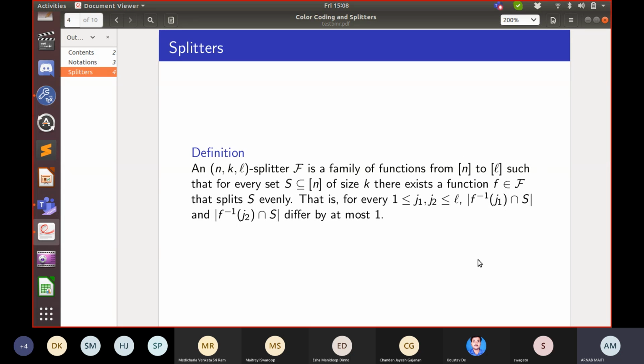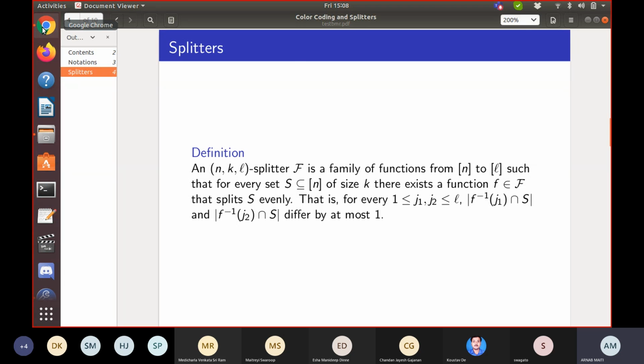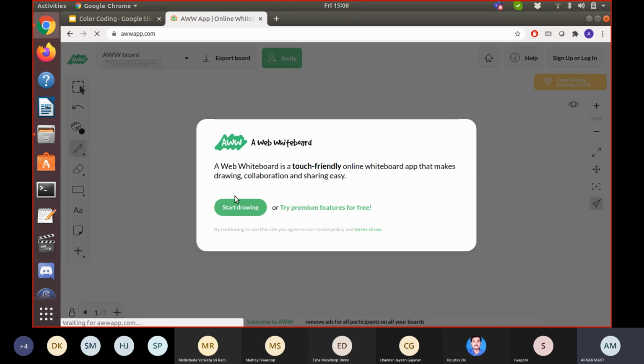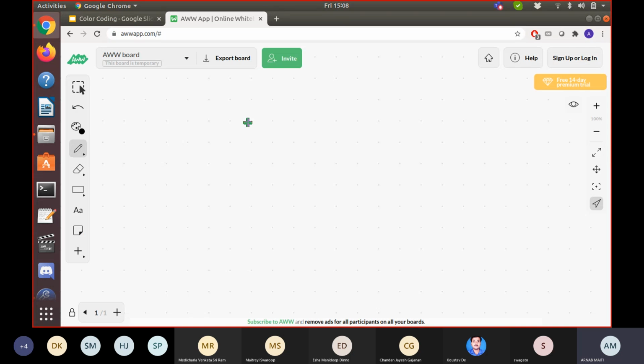You count for each number how many elements of S are attached. Let me use an example to explain, because the technical definition is quite detailed.